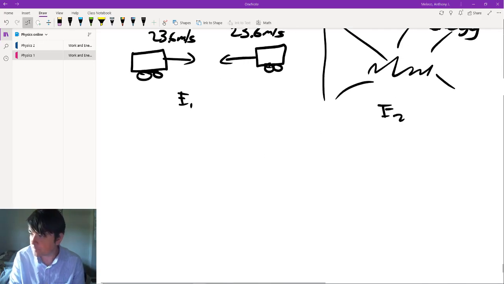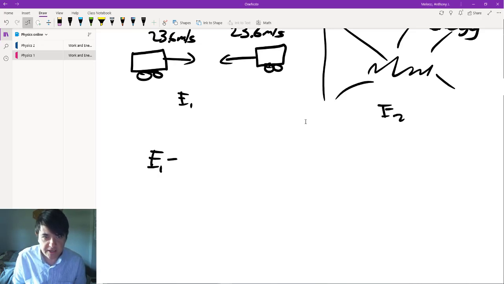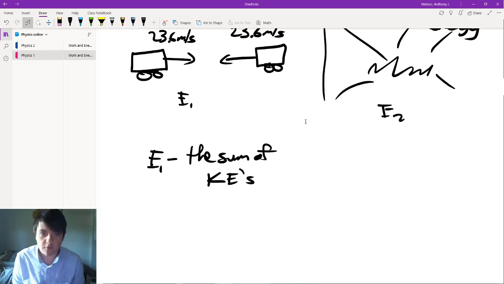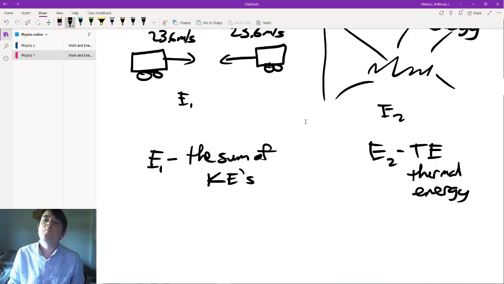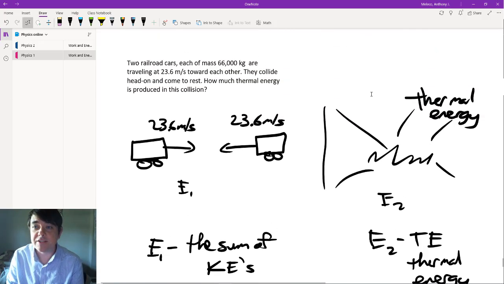After colliding, this E1 here is just kinetic energies, so the sum of KE, because they're moving together and they'll both have it. E2 is all what I'll just call thermal energy. Because the railroad cars are going to stop.